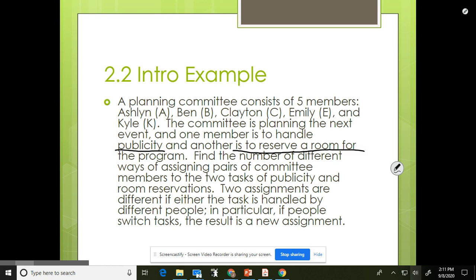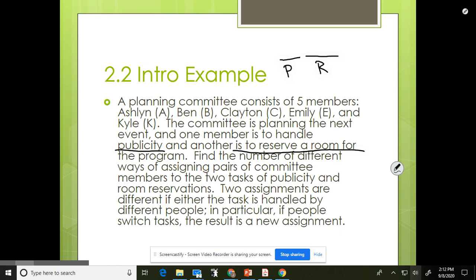Okay, so if it's Ashlyn and Ben, Ashlyn on publicity and Ben on reserving a room, that's different if they flip-flop, and that would be a different assignment. So if we want to figure this out, we've done something like this before. This is for publicity, this is for reserving a room. How many people do I have to choose from for publicity?